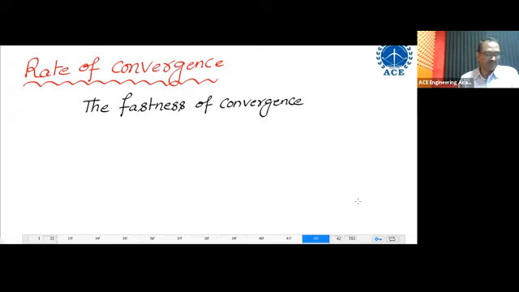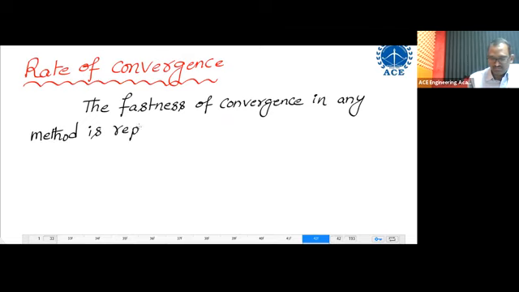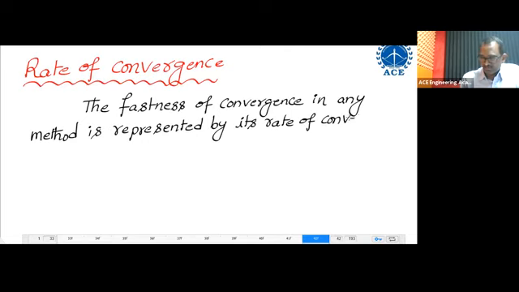The fastness of convergence in any method is represented by its rate of convergence.